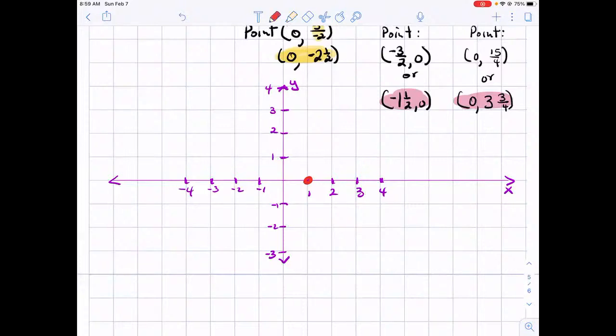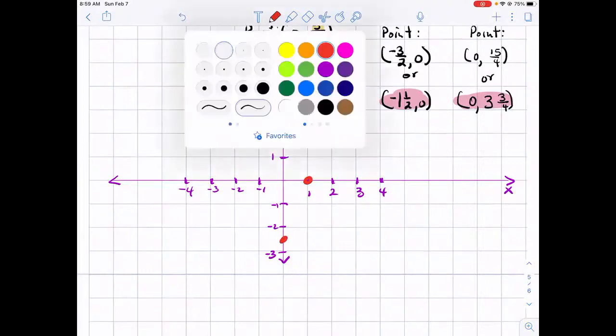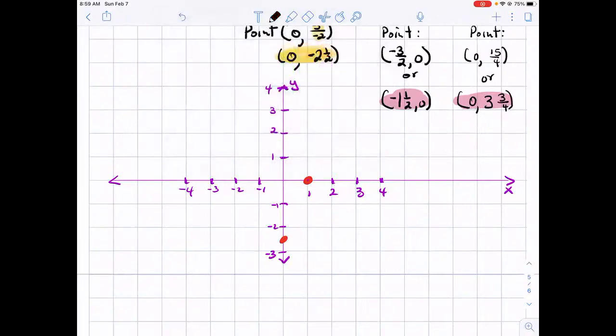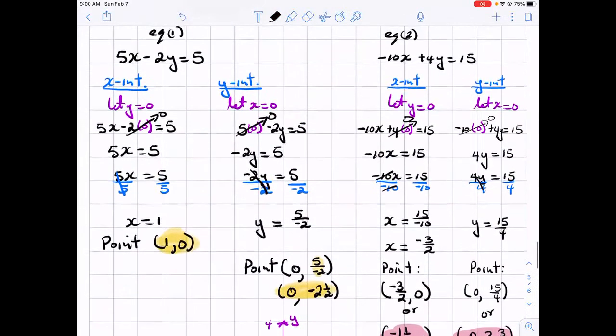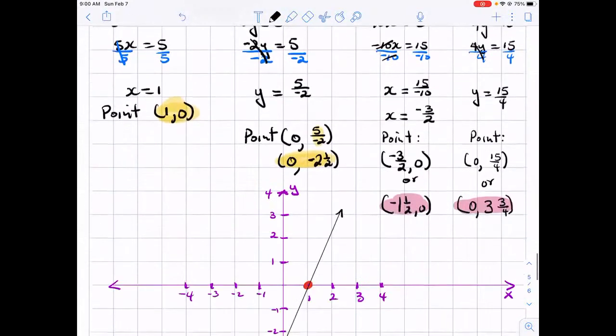You have to be careful because -2.5 will be somewhere in the middle. If I connect those 2 dots, and I want to be as precise as possible, this is equation 1, which we knew is 5x minus 2y equals 5.